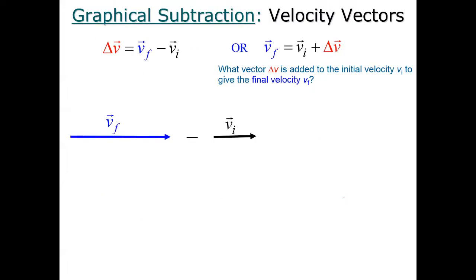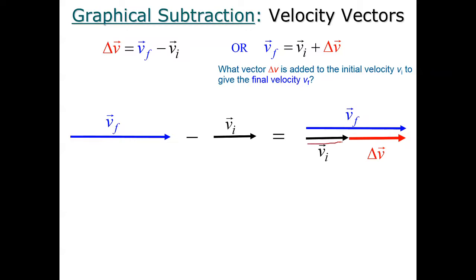Here are some examples of vector subtraction. What is the change in velocity? The change in velocity is the final velocity minus the initial velocity. We can rearrange this so that the initial velocity plus the change in velocity is equal to the final velocity, kind of what we just did. So we can write it like this.